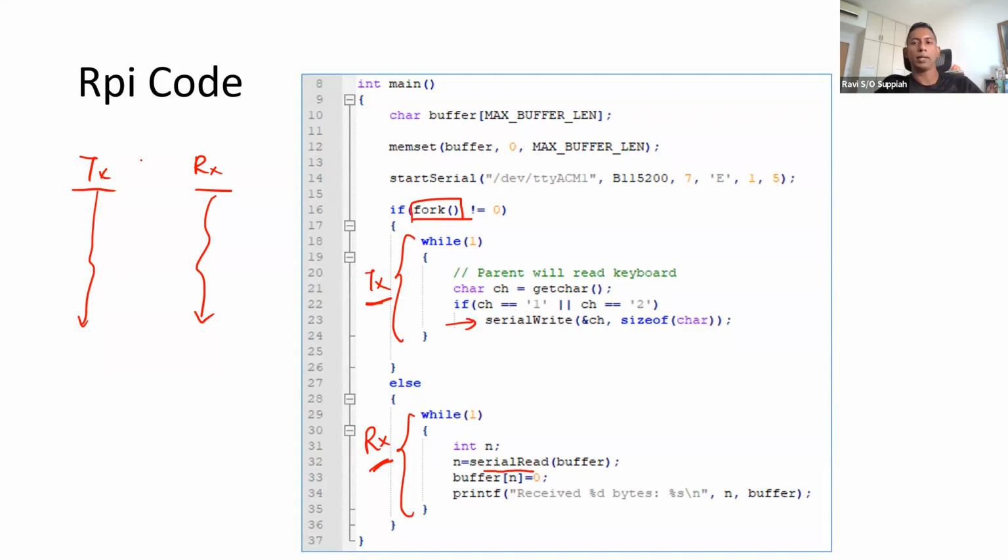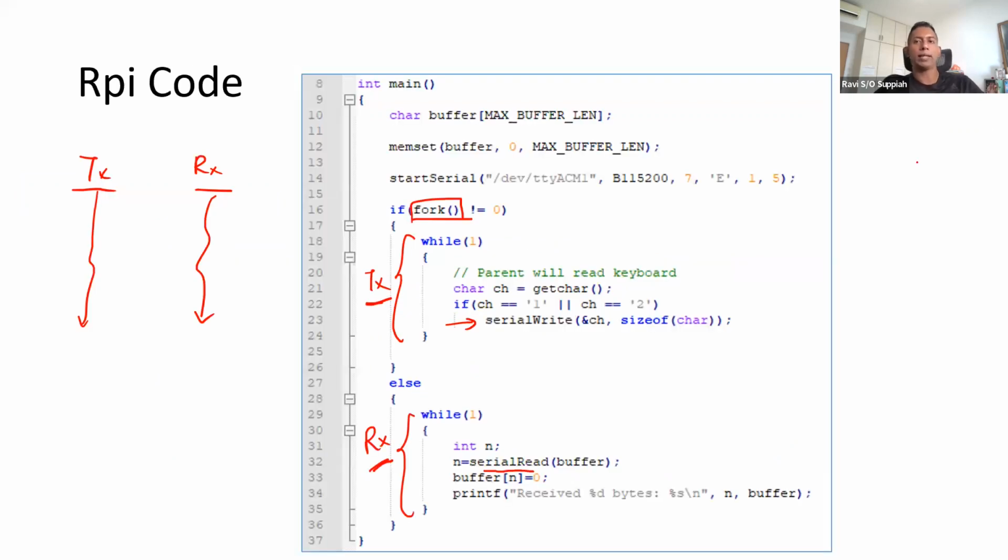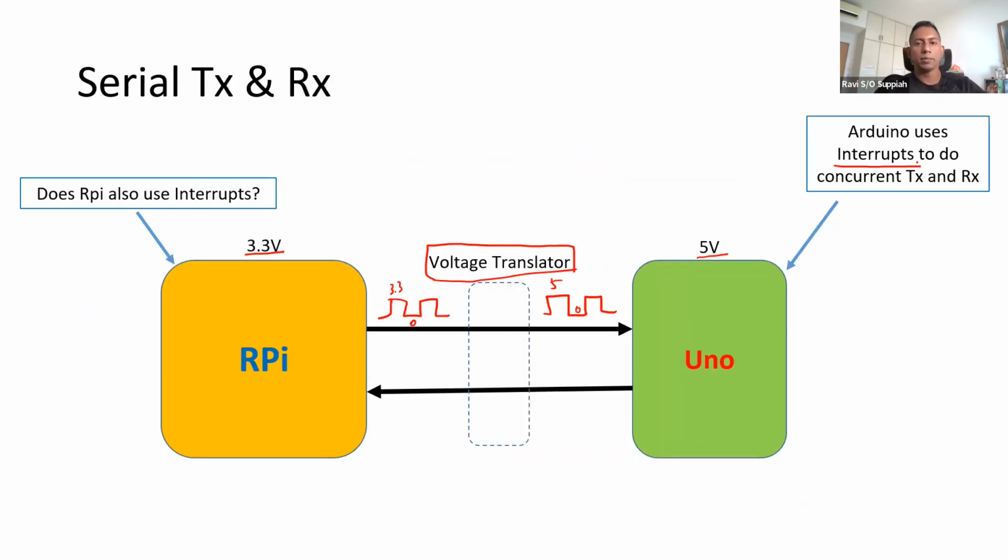We have not done any multi-threading on the Arduino, so that is why the Arduino still manages it using the interrupts. So it's 2 different frameworks, but they both work very nicely together. Like I said, this is the backbone of the whole system, and your project is going to be built based on this framework.